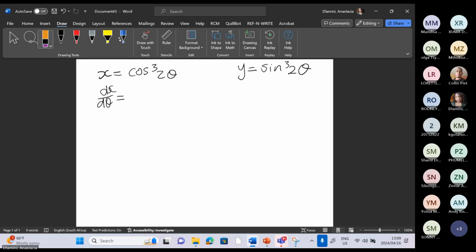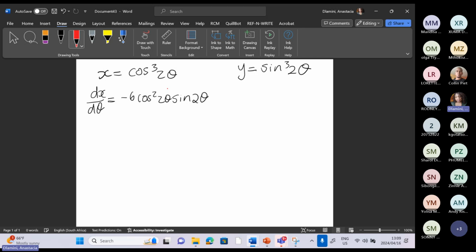Guys? It's 3 times minus 6. Give me the answer. Now we know how to differentiate. Minus 6 cos squared 2 theta times sine 2 theta.